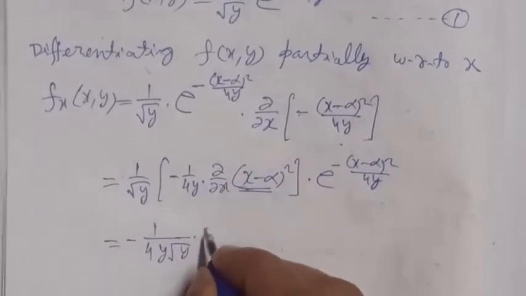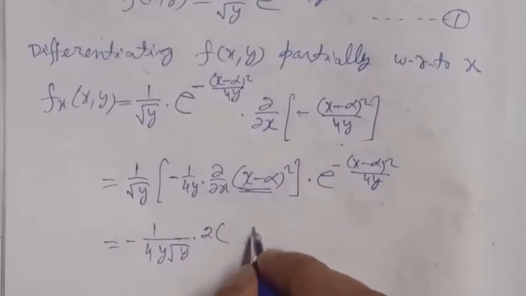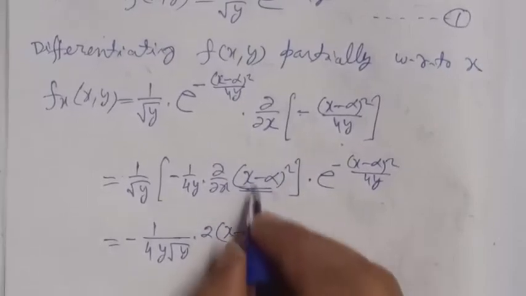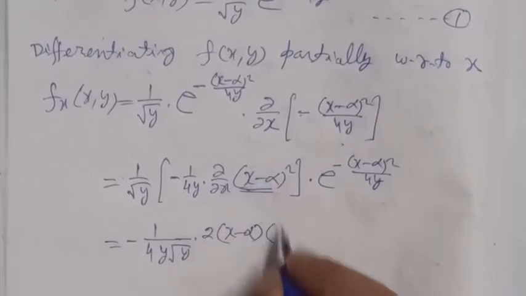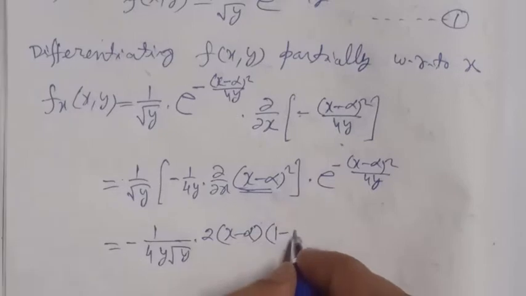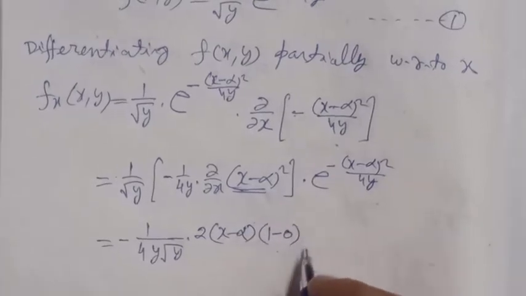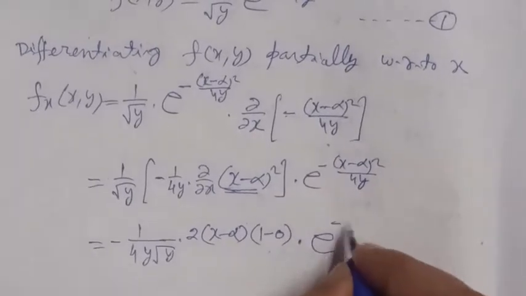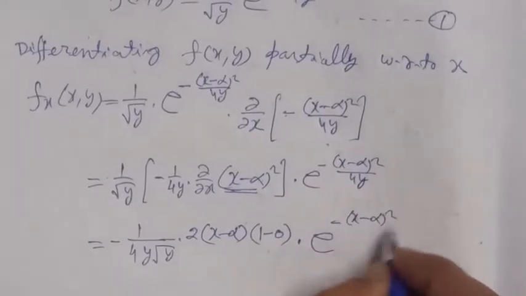So differentiating with respect to x, we get differentiation of x with respect to x is 1, and differentiation of alpha is 0, multiplied by e to the power minus (x minus alpha) whole squared upon 4y.